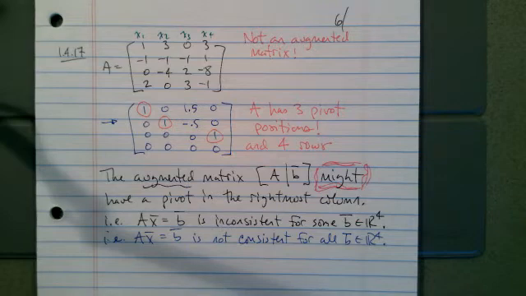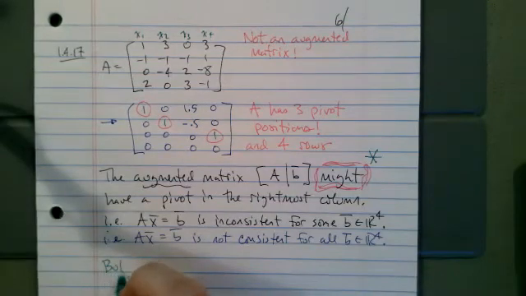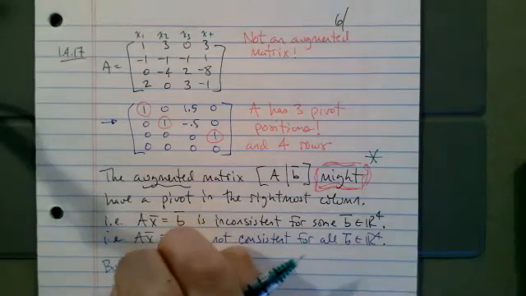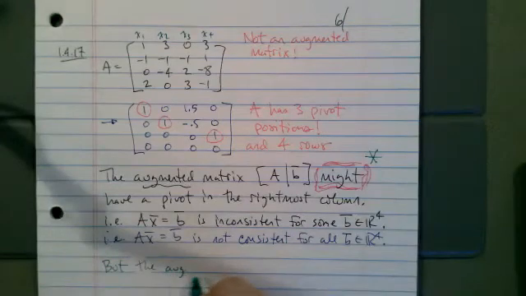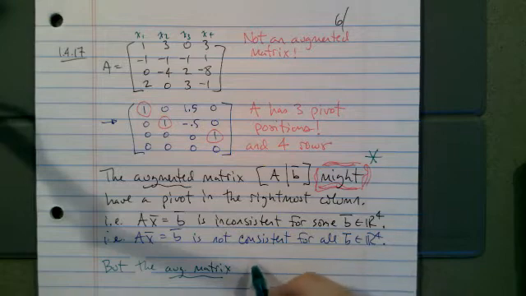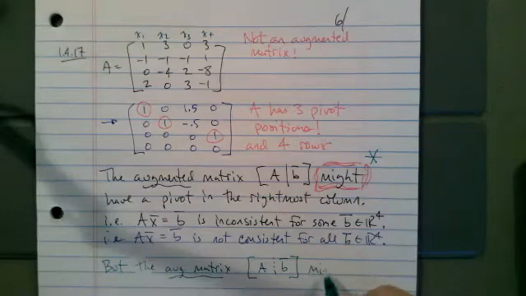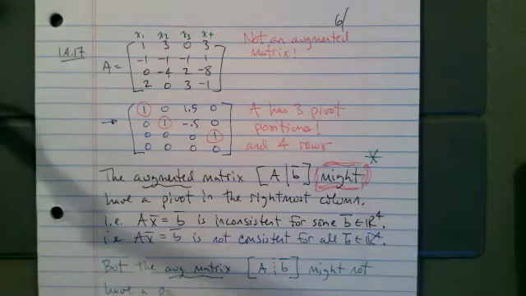It is consistent for some B in R4, because it might have a pivot in the rightmost column, but it also might not. I'm turning the A into an augmented matrix by writing A and then B on the other side. It might not have a pivot in the rightmost column.